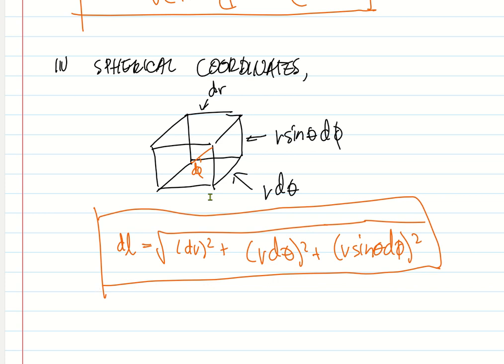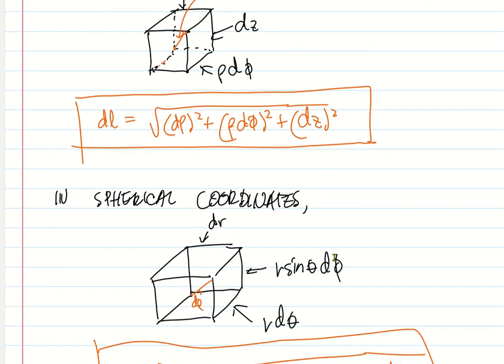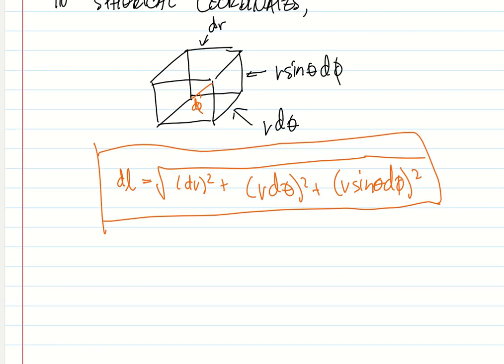And the differential length is just equal to the square root of the diagonal of the rectangular prism. So this is the first part, the differential elements in the different coordinates.